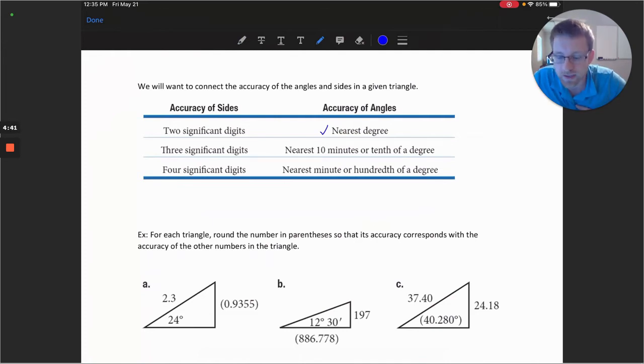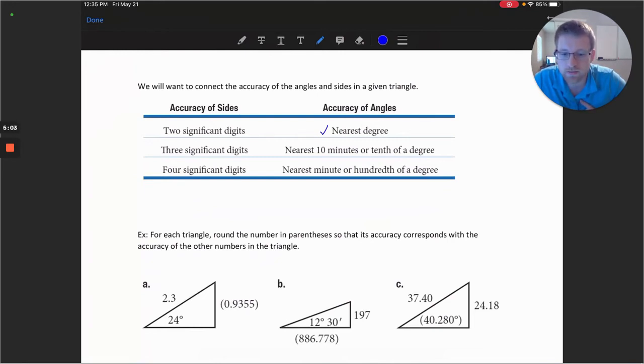If we have 3 significant figures for our side, we want to go to the nearest 10 minutes or 1/10 of a degree, depending on which way we're going to write it. And if we have 4 significant figures, we'd want to go to the nearest minute or the 100th of a degree for our angle accuracy.